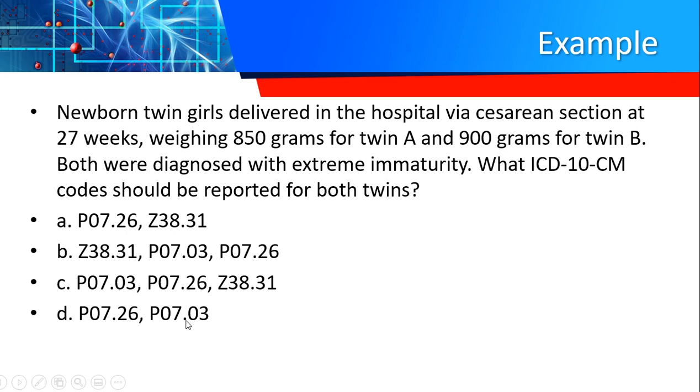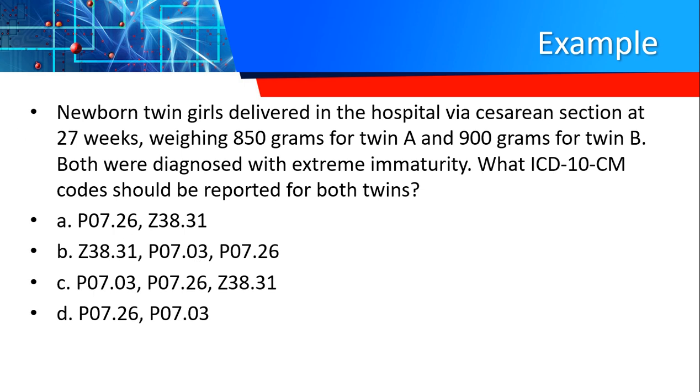Okay. Now, when you check the code of P07.03 and P07.26, because they are the same here, now, remember the weight should come first. And the code for the weight is P07.0 first before 0.2. That's what I'm talking about a while ago, the fourth character. 0 comes first before the 0.2. So in this one, it should be 0.03 first, correct?